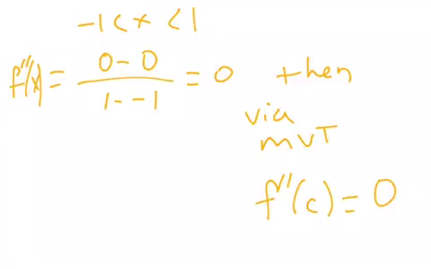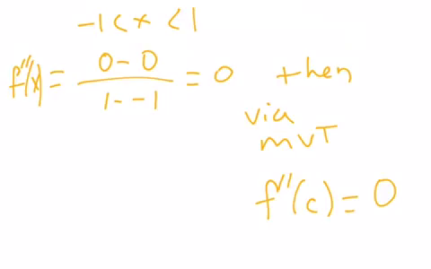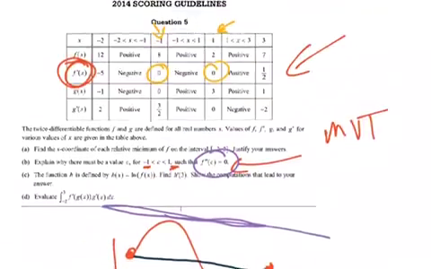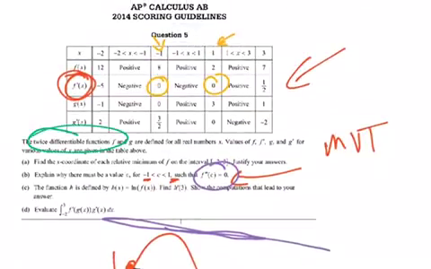Okay. Now, to really explain the answer to this question, I'm going to show you how the scoring guide writes it. What the scoring guide says, and this is important, is that to use the mean value theorem, just like in the mean value theorem, you have to state that it's continuous. So you have to show that f prime is differentiable. We know that f prime is differentiable because it says that this is a twice differentiable function.